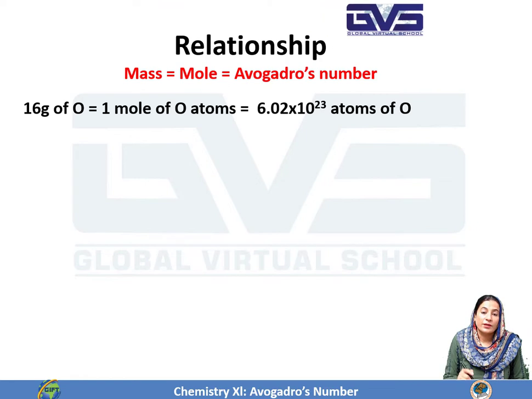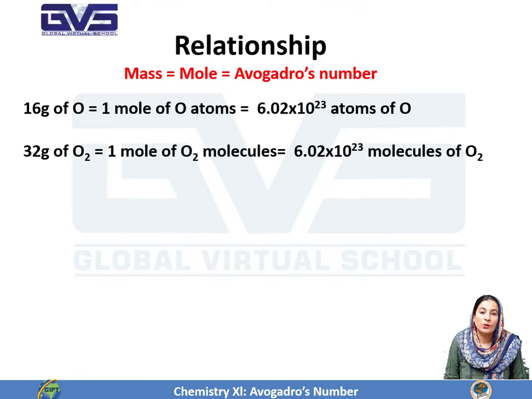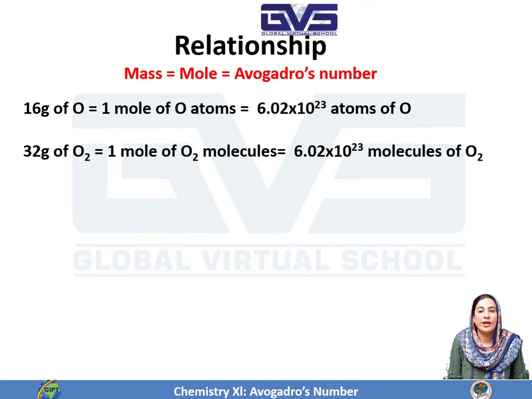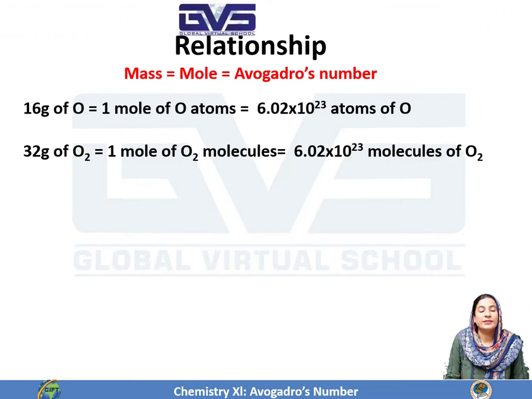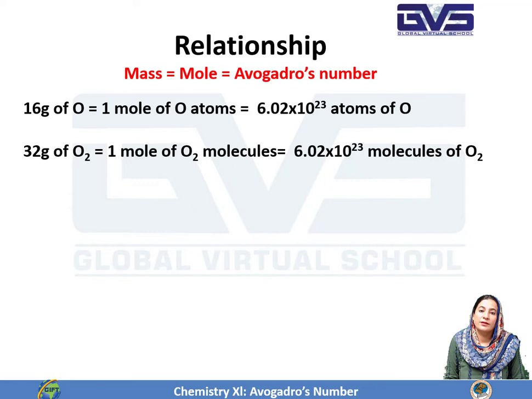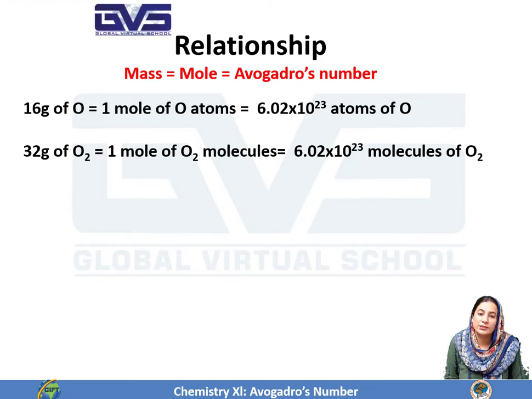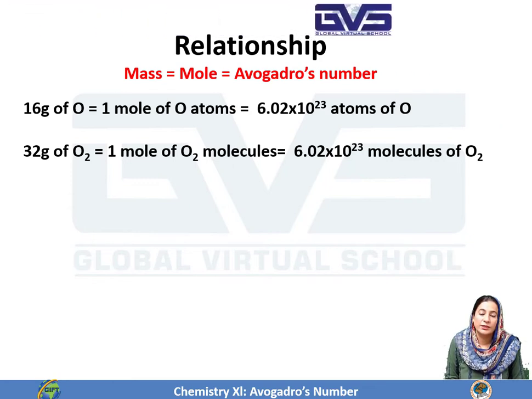Similarly, if the oxygen is in the form of molecule O2, then 32 gram of O2 is equal to 1 mole of O2, and this contains Avogadro's number of particles, that is 6.023 × 10^23.